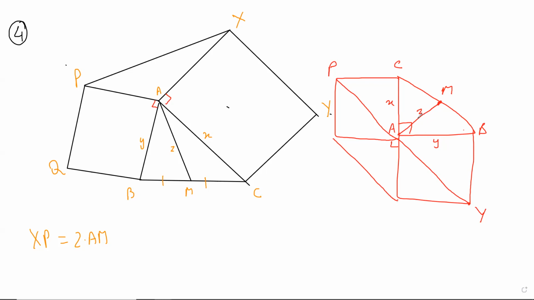In a right triangle, the median is half the hypotenuse, because when you draw a circle, this becomes a diameter, so that becomes the center. Absolutely trivial.